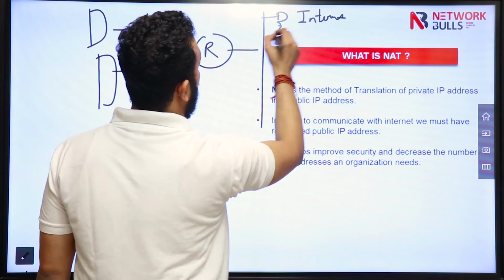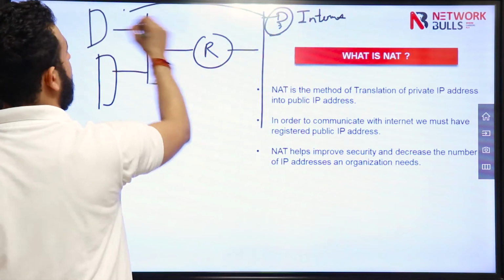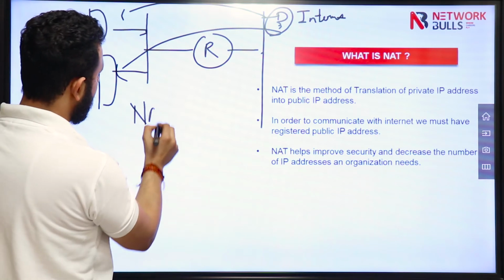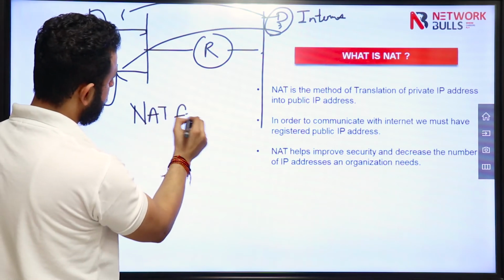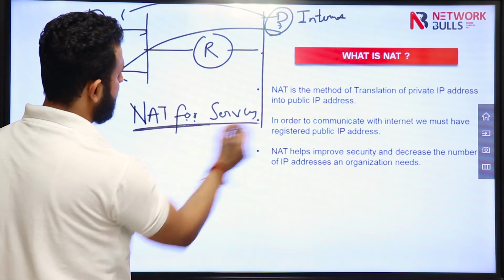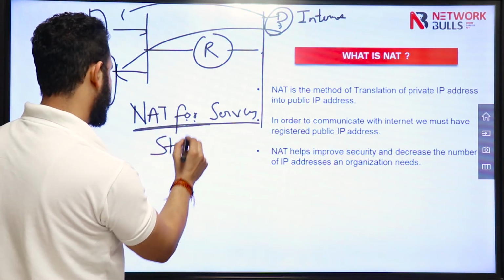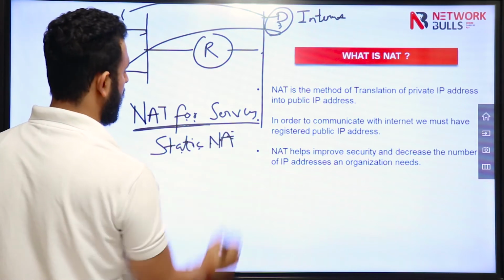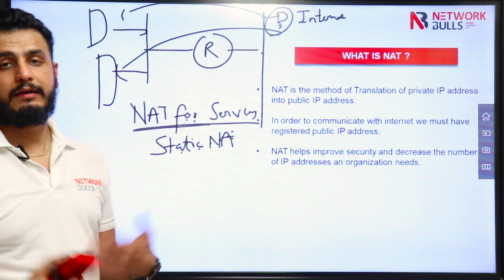So this time you want outside users to access your servers. So I call this NAT for servers. And NAT for servers is achieved by using static NAT. So let's discuss NAT one by one.